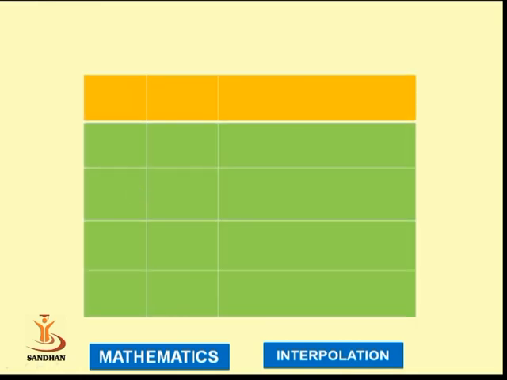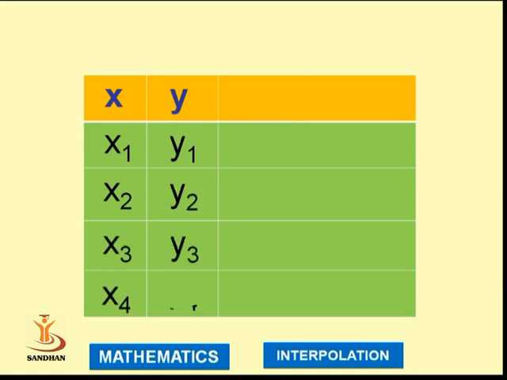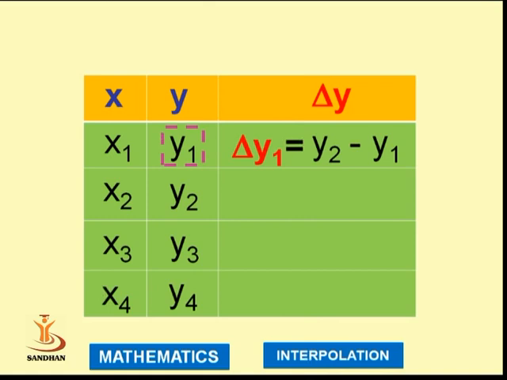Let us now understand this through a table in a tabular form. We have got x and y, where x1 corresponds to y1, x2, y2, x3, y3 and x4, y4 are already the points that are given to us. We need to compute the first order forward difference that is denoted by delta y. So delta y1 is equal to y2 minus y1. Difference of the value of two corresponding functions, or rather I would say two corresponding values of the function.